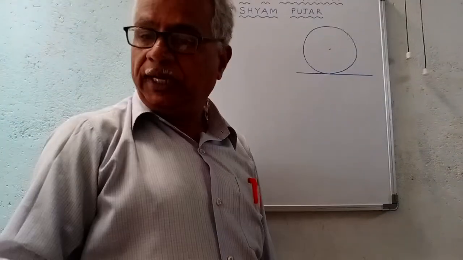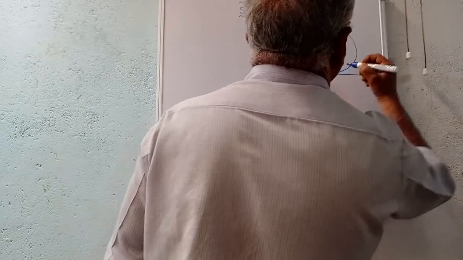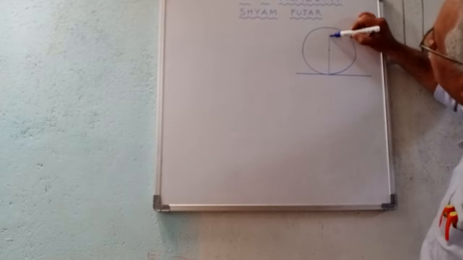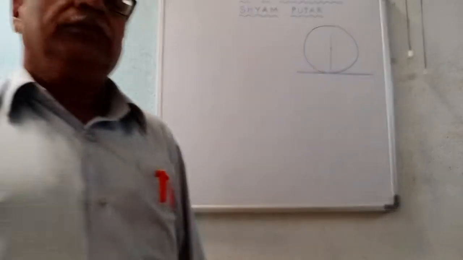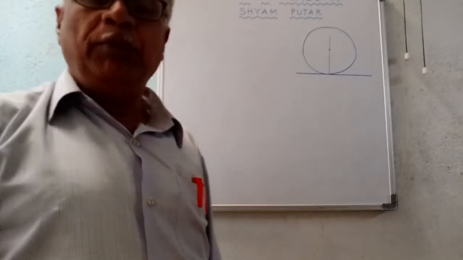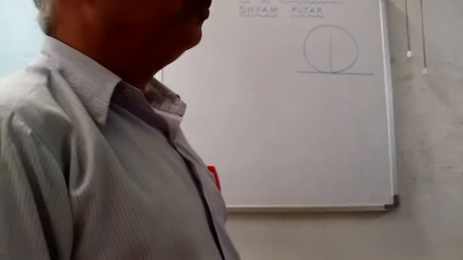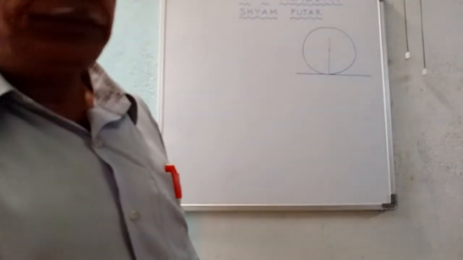Then as it is asked, draw a perpendicular at the point of contact. We have to prove that it passes through the center of the circle.